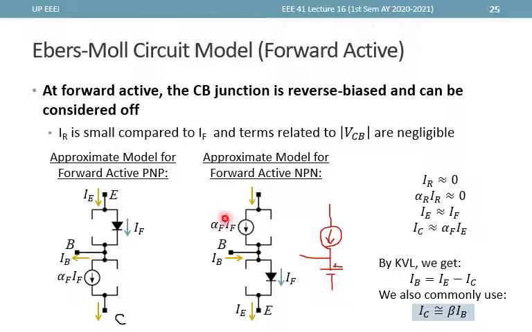So again, in these models, we approximate that IR is 0. So here IR is 0, and here IR is 0. And since IR is 0, alpha R IR is approximately 0. And what we will be left with is IE is IF, and IC is alpha F IF.